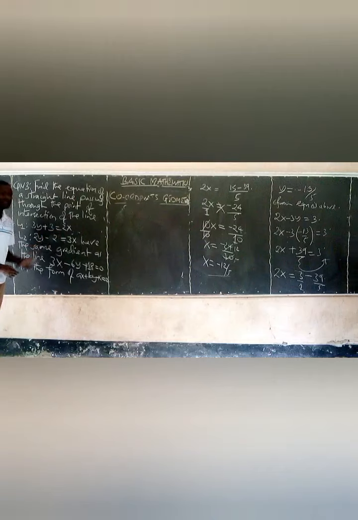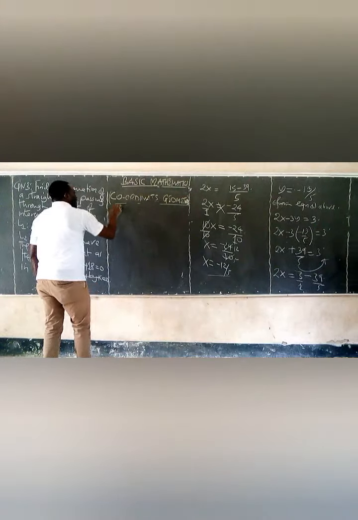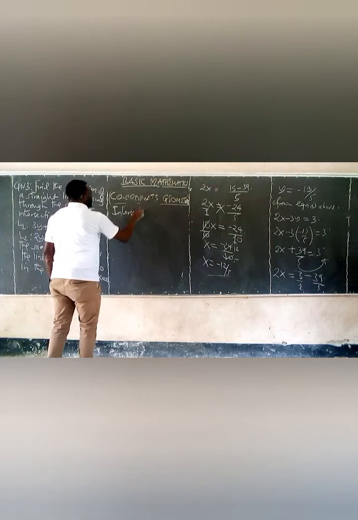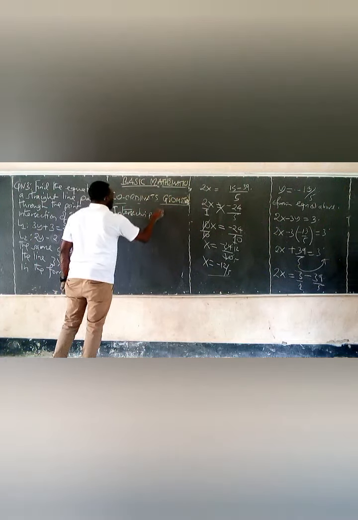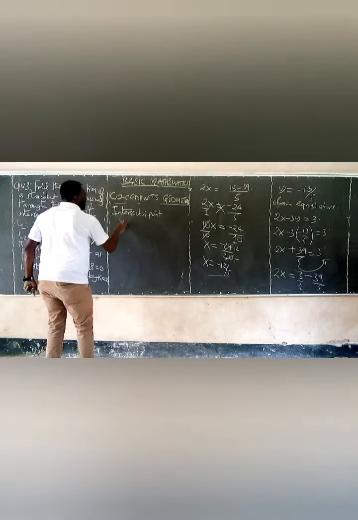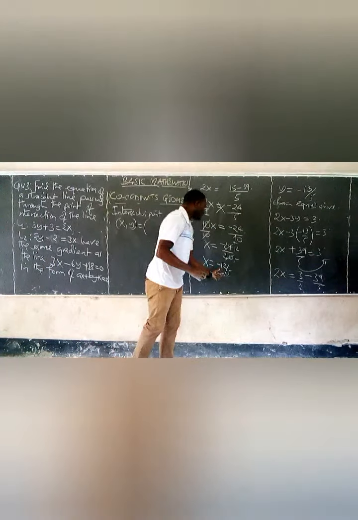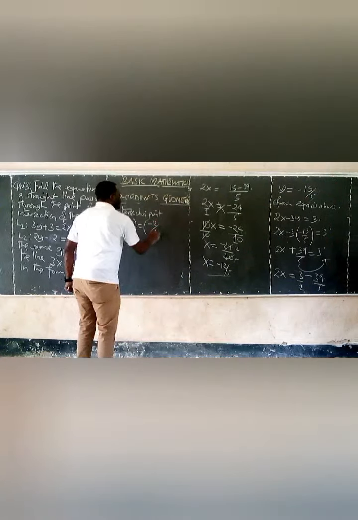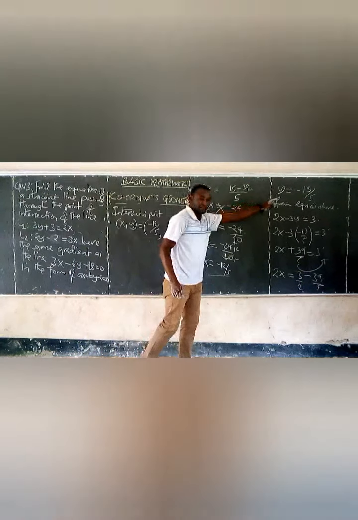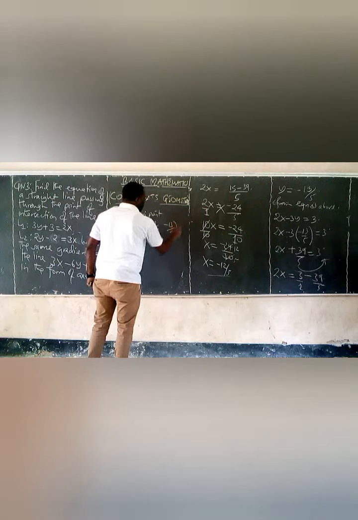So the point of intersection, x comma y, is equal to negative 12 out of 5, comma, the value of y, negative 13 out of 5.